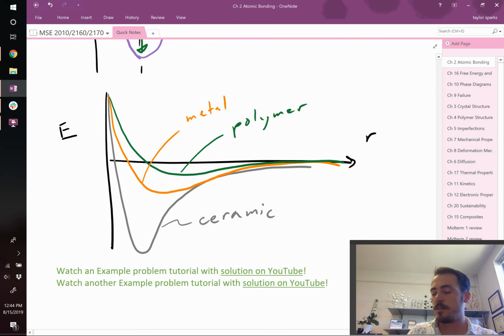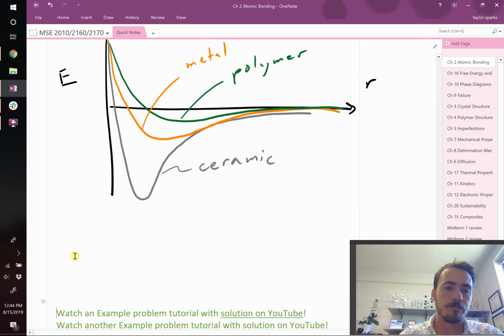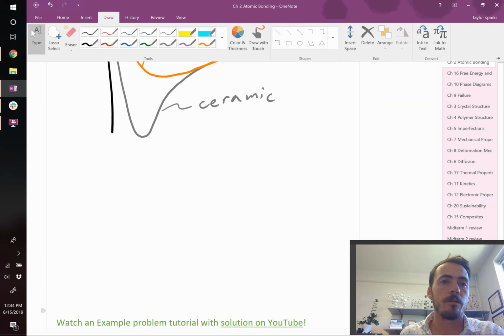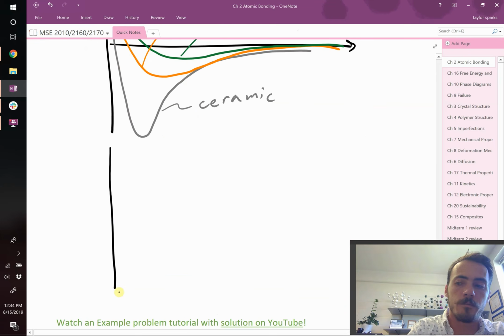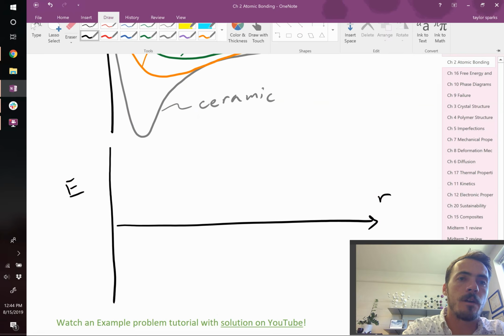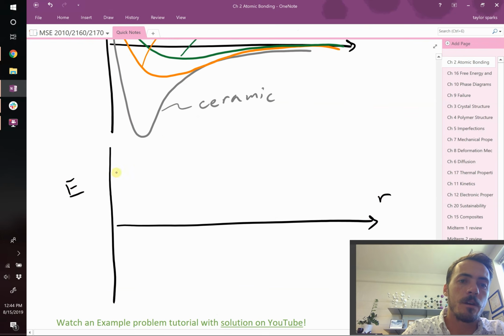Something else that this can tell us is thermal expansion. So let's just look at one of these for a minute. If we look at just one of them, we're going to redraw it. Energy versus interatomic separation. I'm going to draw our ceramic. Now the ceramic does something like this.